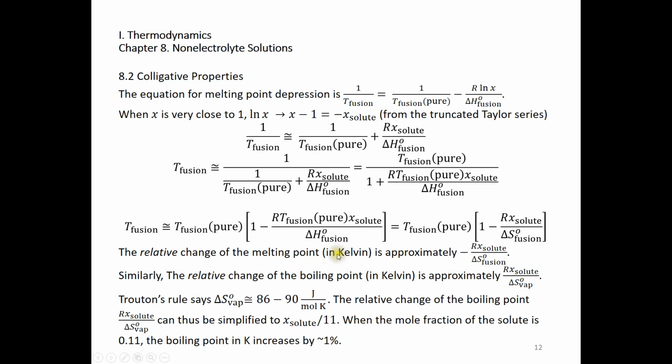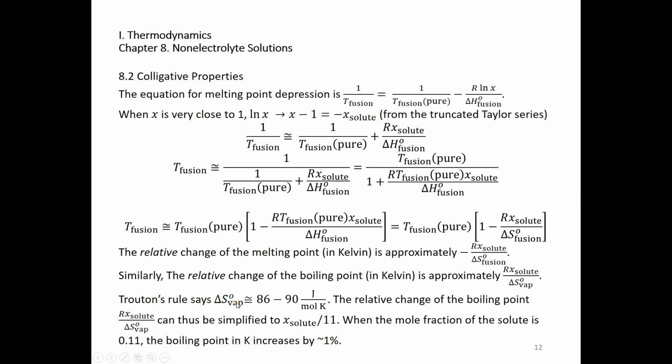And it's going from ice to liquid water, so the equilibrium constant is x over 1. For melting. For boiling, it's 1 over x. So that's why you have a negative sign here, no sign here, and that's why it's melting point depression and boiling point elevation. However, other than that, these two look similar except on the bottom. The entropy of fusion should be replaced with entropy of vaporization.